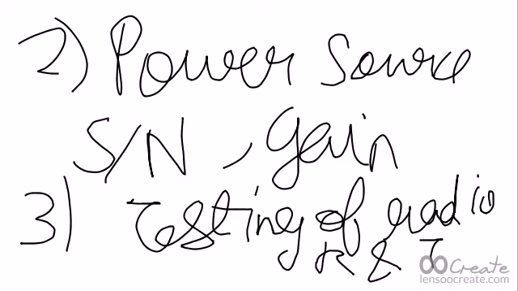And third, it is extensively used in the testing of radio receivers and transmitters. What is a radio receiver? A radio receiver receives the radio signal, and a radio transmitter is the one which transmits the radio signal. So it is used in the testing of those components which receive and transmit the radio signal. Now I will make the block diagram of standard signal generator.